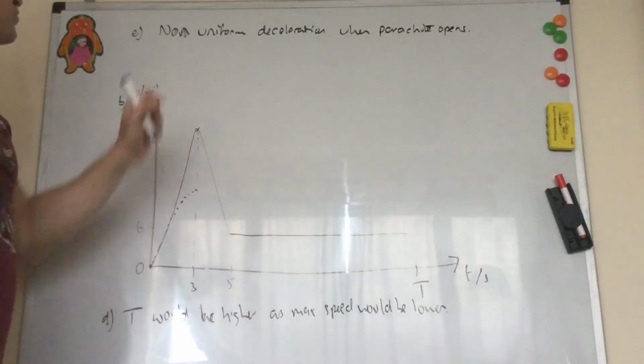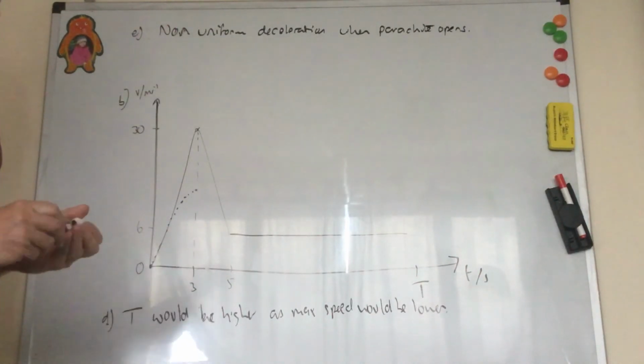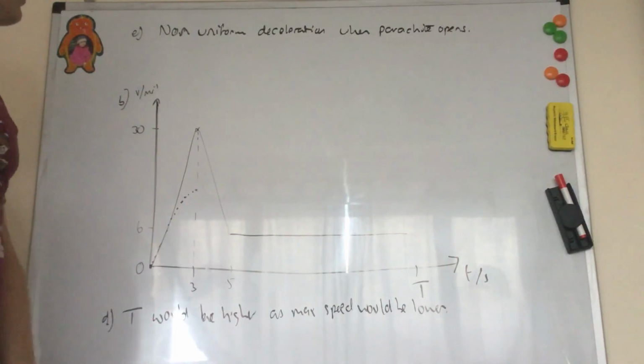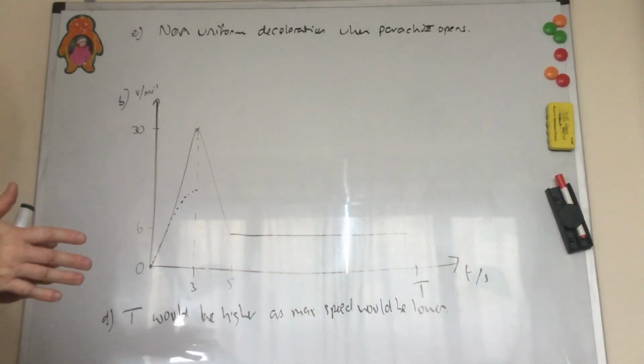I thought that was the most obvious one. You could put in other things like wind, the fact that it's unlikely to be a one-dimensional model because of wind, things like that. But I went with that one because it was the most obvious to me.